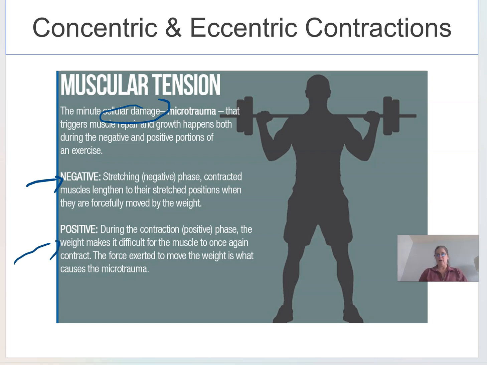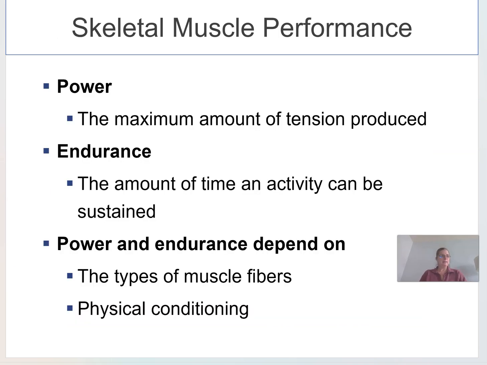If you're trying to get stronger, you really want to work your muscles through the full range of motion. That's what causes muscles to respond to the tension and the damage by getting bigger and stronger, more protein, replicating cells.